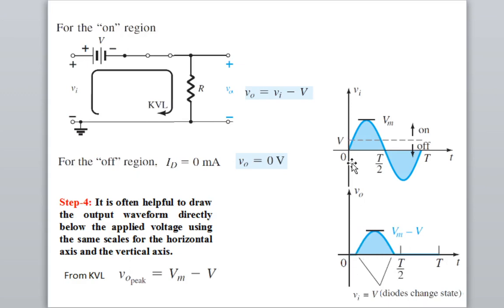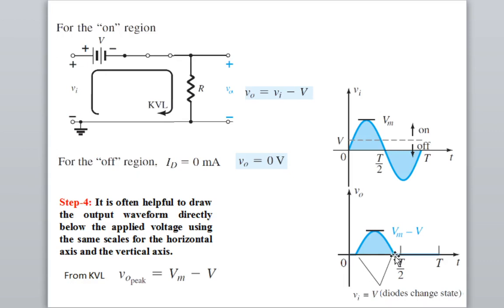Here if you see, the input signal from 0 to T half is a complete half signal. But in the output, for 0 to some time the signal is 0, and it basically starts after 0 and finishes before T half.